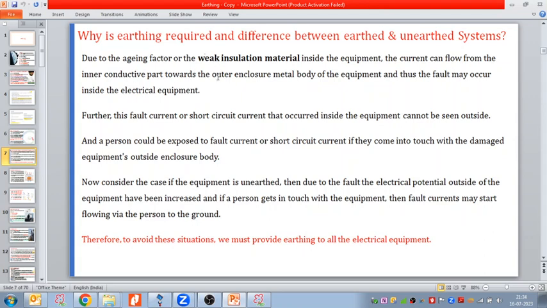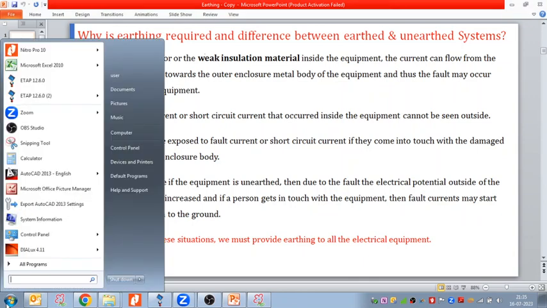Due to the aging factor, or weak insulation material of the equipment during manufacturing, or if the material is okay at manufacturing but the insulation becomes weak with aging inside the equipment, then current can flow from the inner conductive part towards the outer enclosure metal body, and thus a fault may occur inside the electrical equipment.